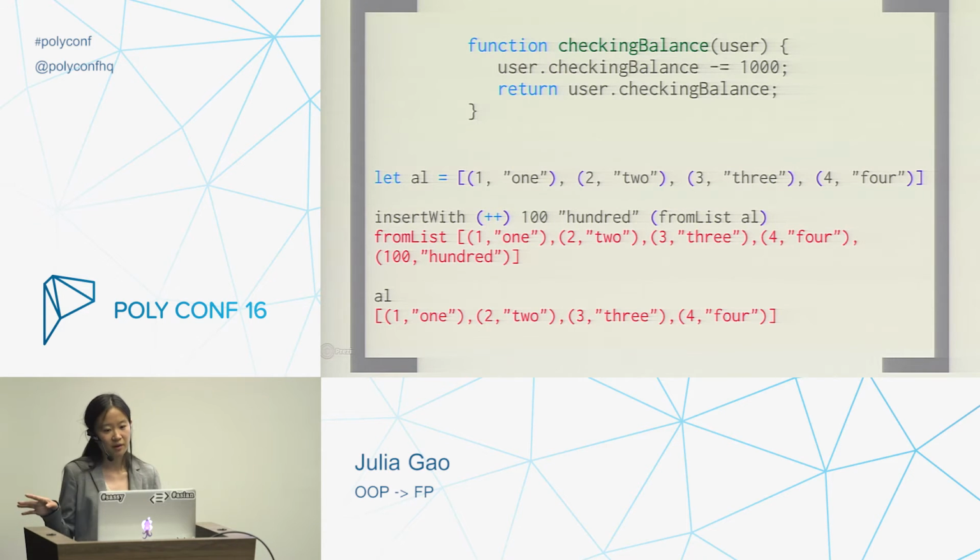On the bottom, we can see the red part where it actually produces the new list, which has the new data in it. But if we check the AL, it's not actually being changed. So just in case someone else is also using the AL list, then that AL won't be affected just because you're doing the insert in this method or something.